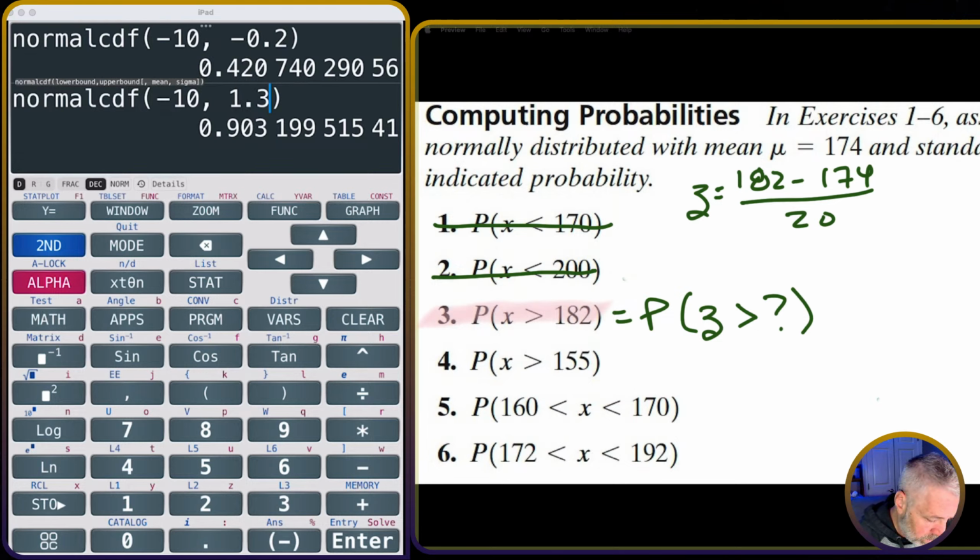And to be exact, we are at 0.4. So this up here is equal to 0.4. That is our z-score. So when you're looking at the data from that distribution, 182 is equivalent to 0.4. It is 0.4 standard deviations away from the mean of 174. Okay.